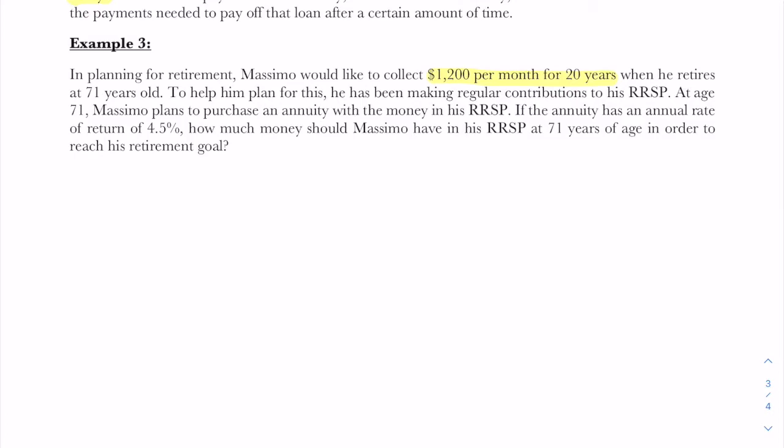At 71 years of age, Massimo plans to purchase an annuity with the money in his RRSP. Imagine that the annuity has an annual interest rate or rate of return of 4.5%. How much money should Massimo have in his RRSP in order to reach his retirement goal?